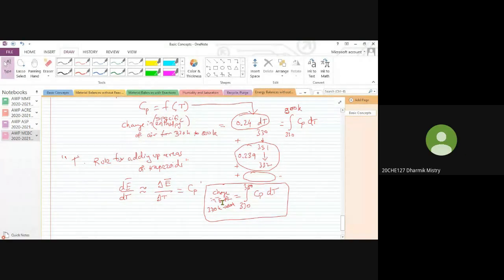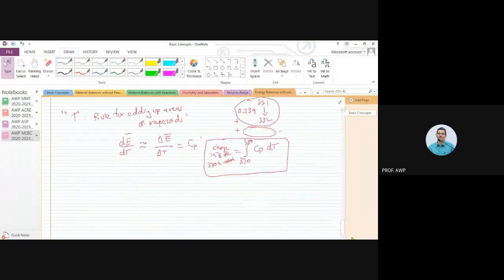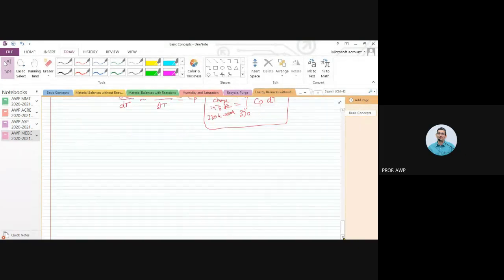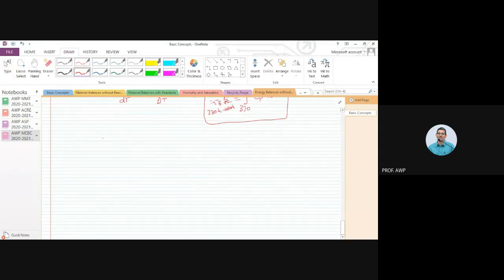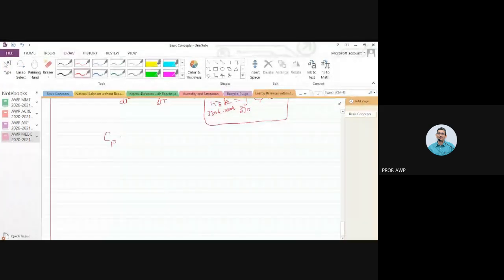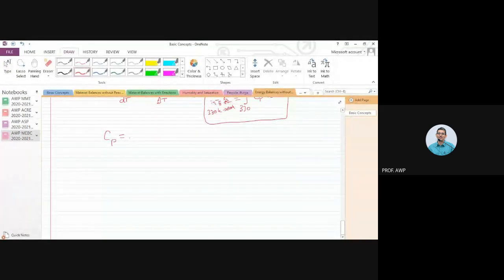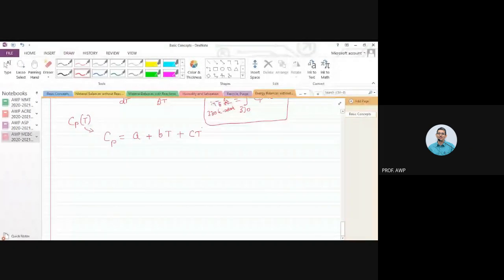Yes, sir. So I'm going to give you this function for some gases, for some substances. So let's say Cp as a function of temperature is like this: A plus BT plus CT squared.